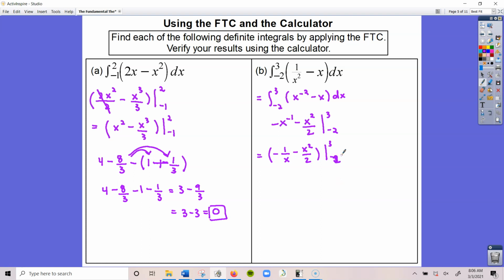So first we plug in the 3, and we get -1 over 3 minus 9 over 2. Now I'm going to plug in the -2. So -1 over -2 is a positive 1 over 2, minus -2 squared is 4 over 2.